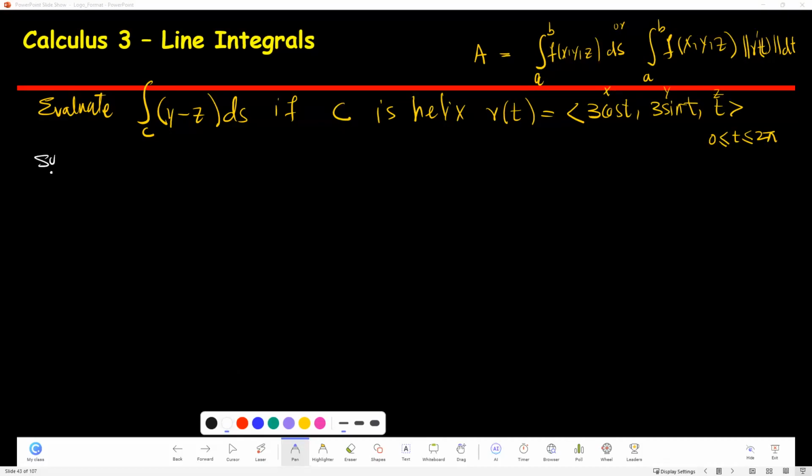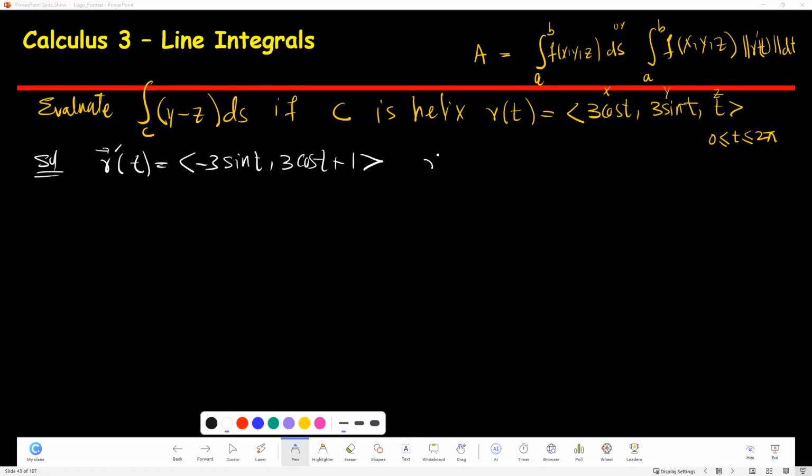Here I just need to start the solution. It's going to be a relatively short problem, and writing t minus 3, I'm just taking the derivative directly. So minus 3 sine t, 3 cos t plus 1.